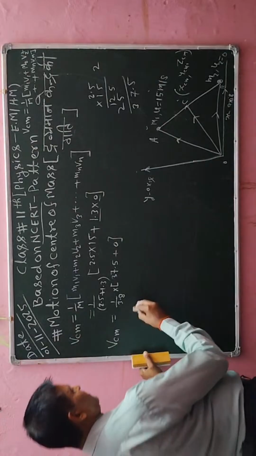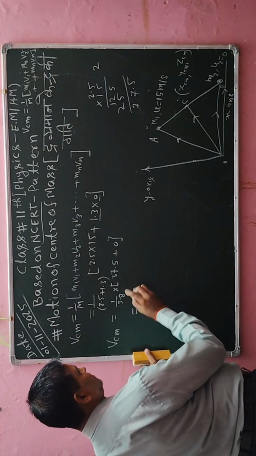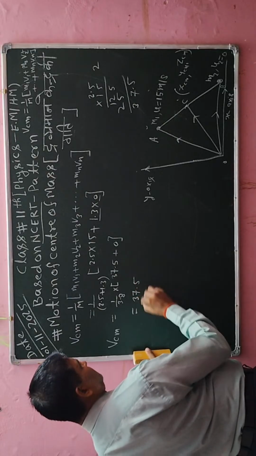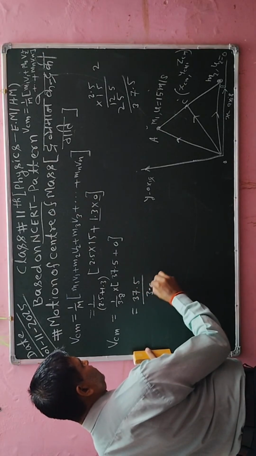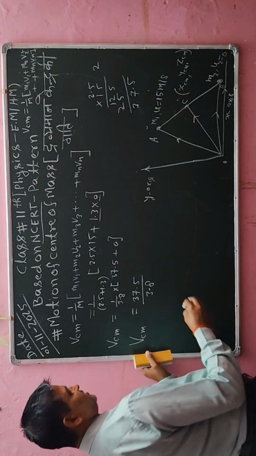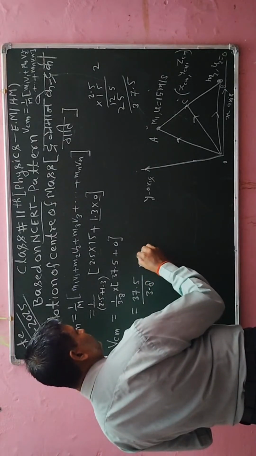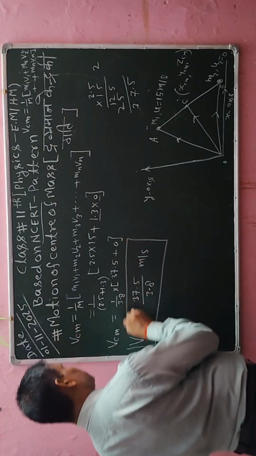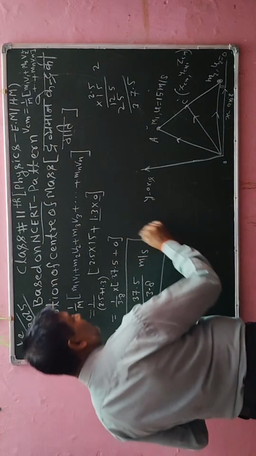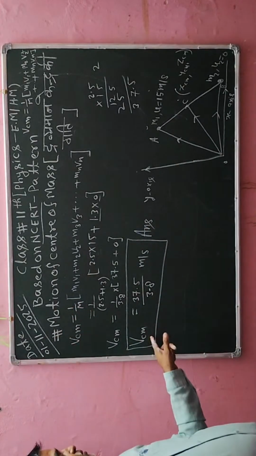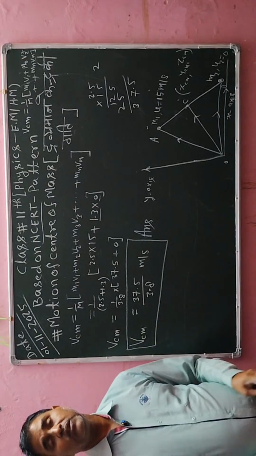So here I will write 37.5 divided by 3.8, and this is the VCM, and its unit will be meter per second. Okay, I hope that you know how to calculate the velocity of center of mass of two given objects.